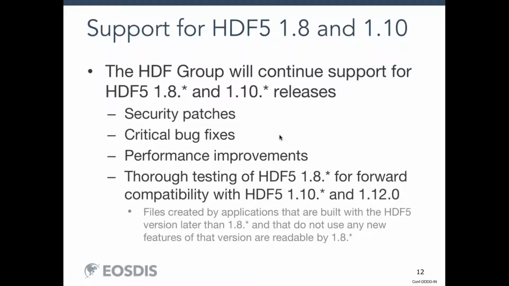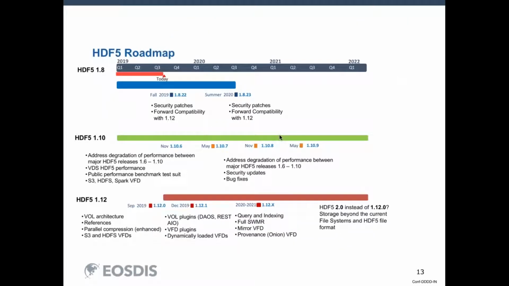So we will be supporting 1.8, and we will be applying security patches. We'll continue fixing critical bugs, and we will work on performance improvements that are applicable across all releases. But at this point, as I mentioned, 1.8 for some use cases performs better than our later releases.